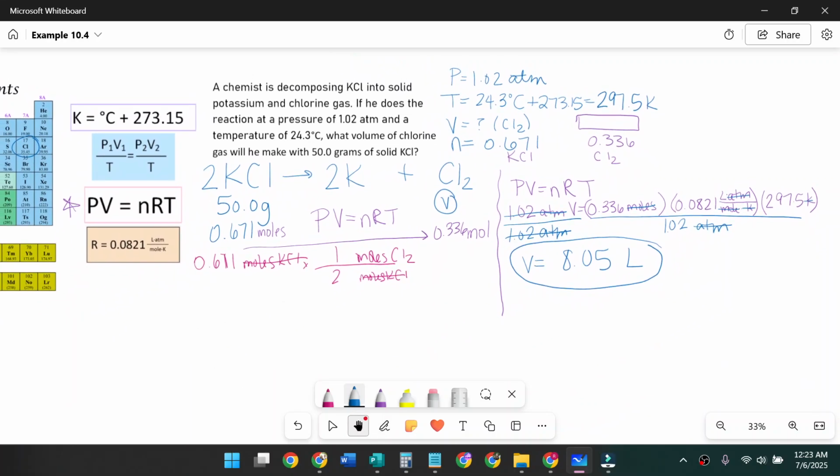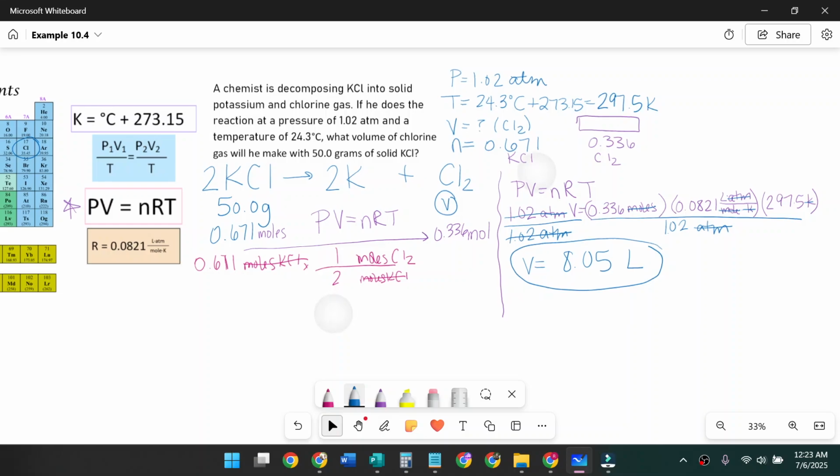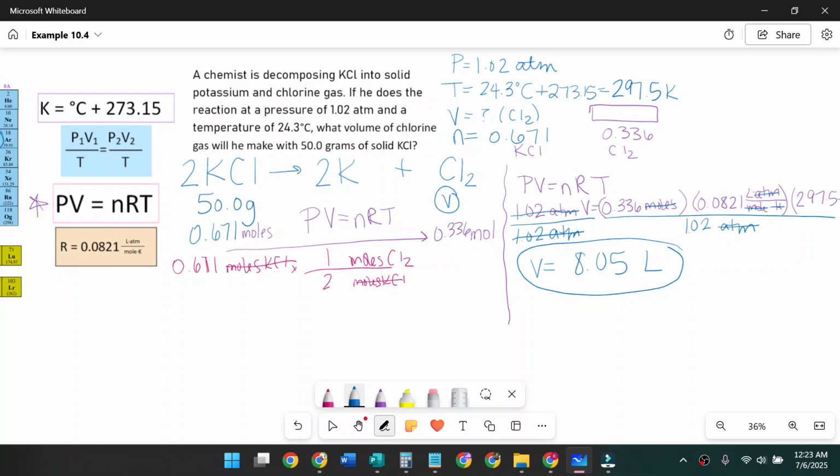That's the end of the problem, but let's talk about this for just a second. So we were given a problem. We recognized that it had a reaction that we could turn into a chemical equation and balance. And then we found pressure, temperature, a need for volume, but to use pressure, temperature, and volume to find anything, we also needed moles, and we got grams.